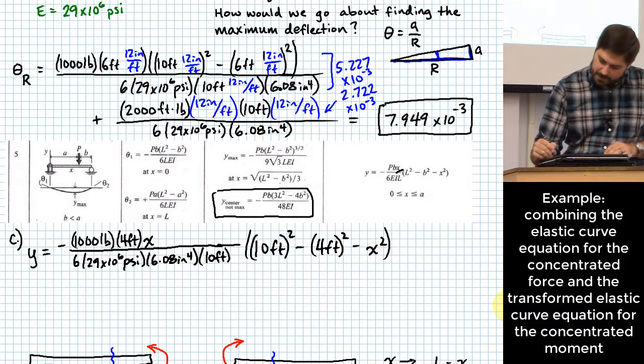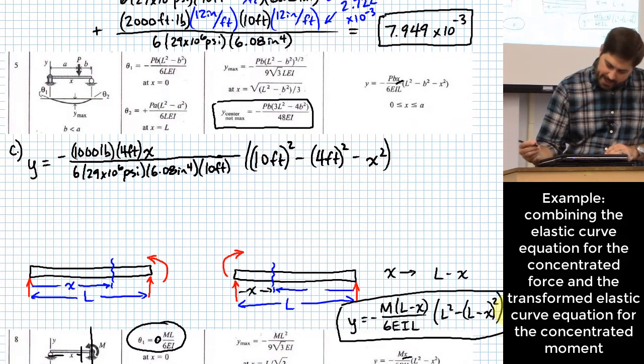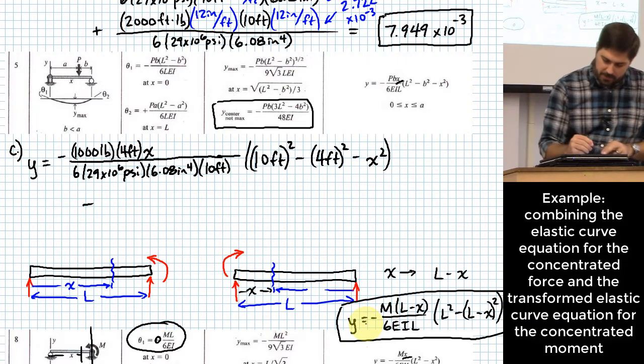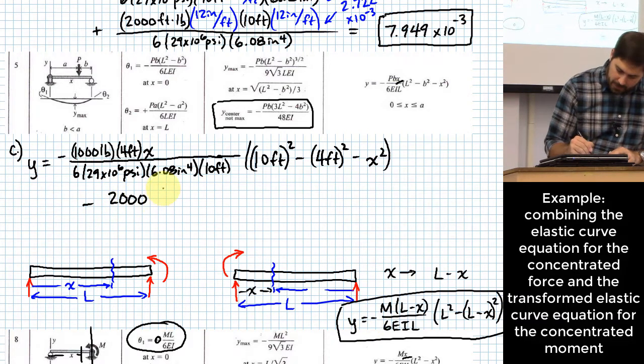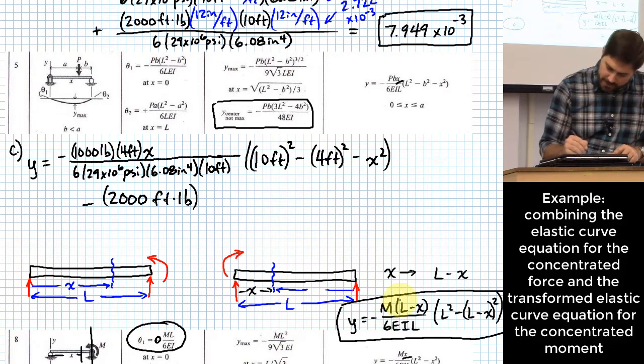And then to all of this, we add, or I guess since it's minus here, we're going to be subtracting, so to speak, 2,000 foot-pounds from the M right there.